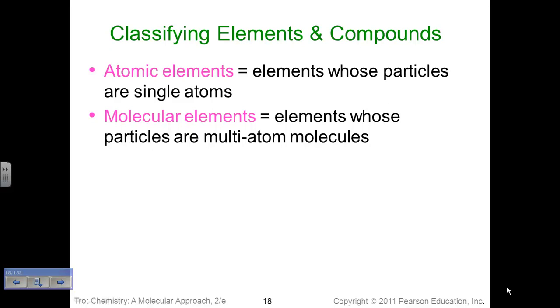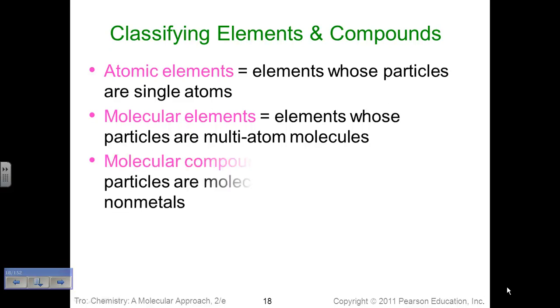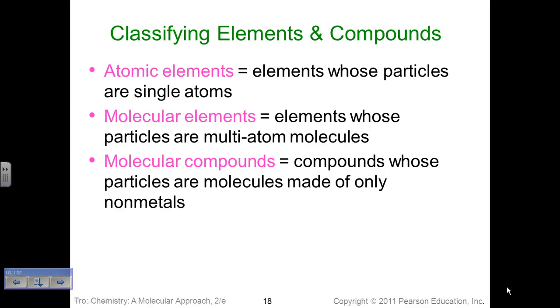Molecular elements, those elements whose particles are in multi-atom molecules. The previous slide showed the diatomic molecule of oxygen, O2. And in nature, we'll see that there are 7 diatomic molecules.